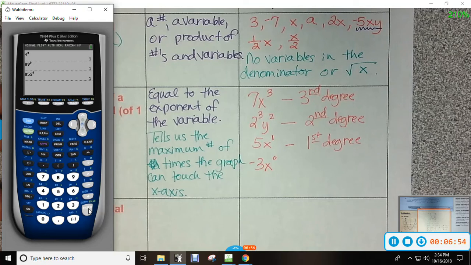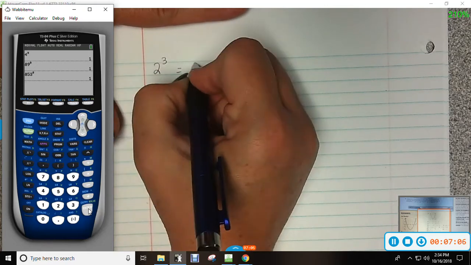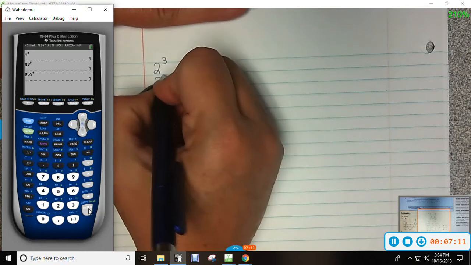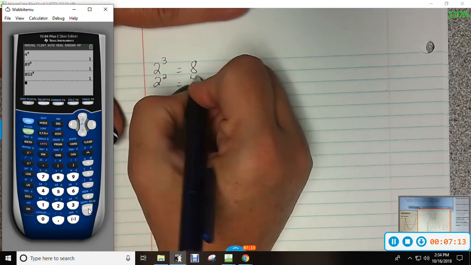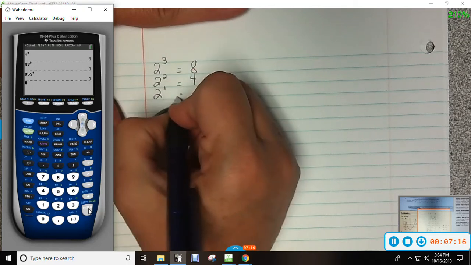Well, okay, I can show you why it's following a pattern. So let me move this here just a second. Think about it. If you've got 2 to the 3rd power, that's 8, right? 2 to the 2nd power is 4. 2 to the 1st power is 2.